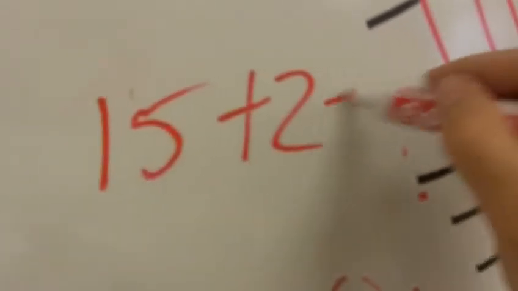It's a ones spot, so it stays. 1, 2, 3, 4, 5, 6, 7, 8, 9, 10, 11, 12, 13, 14, 15, 16, 17, 18, 19, 20, 21. 21 has a tens location, so we underline that. We're going to carry this up and just say plus 2. And then we're going to add it to here. 1, 2, 3, 4, 5, 6, 7, 8, 9, 10, 11, 12, 13, 14, 15. 15 plus 2 is 17. Copy that. 17. 1. 9.